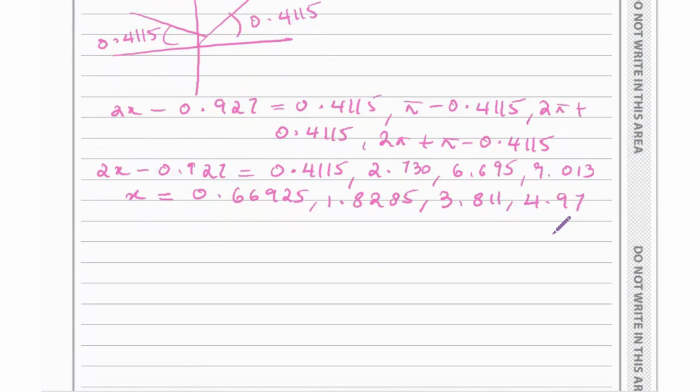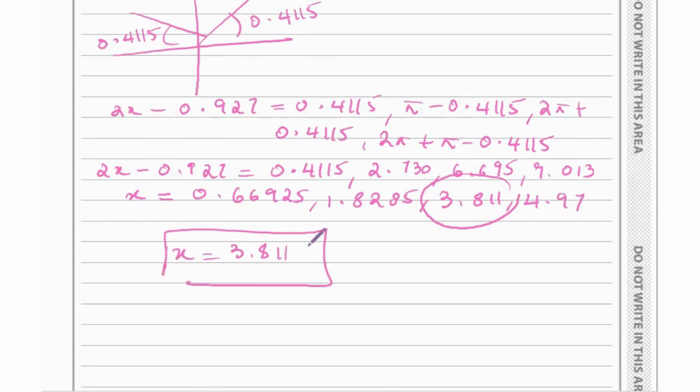And 3 pi by 2 is equal to 4.712, so 3.811 is the only value that's between the given limit. So x is equal to 3.811. That is your final answer.